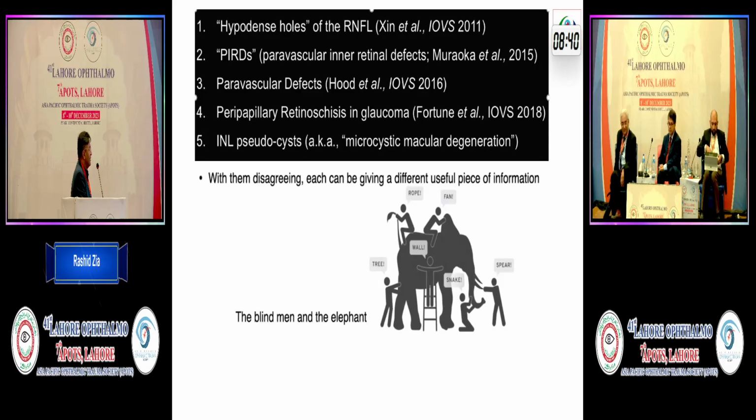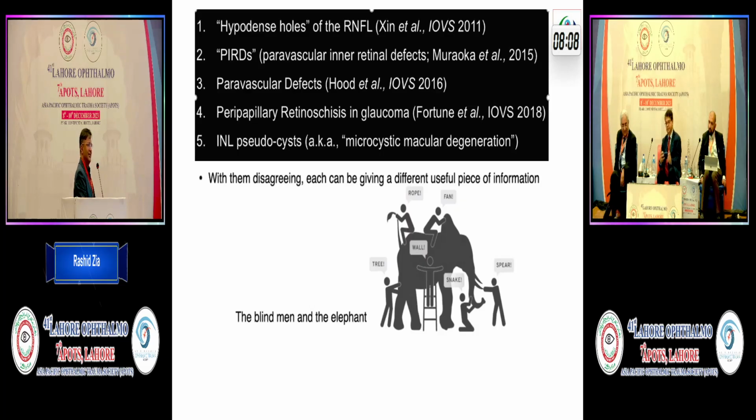But before I proceed, I would like to share this very interesting picture called The Blind Man and the Elephant. If you look at the blind person feeling the tusks of the elephant, he would say the elephant looks like a spear. A blind person who feels the tail will say the elephant looks like a rope, and so on and so forth. But the point is that even if they disagree with each other, they all bring useful information to a bigger picture.